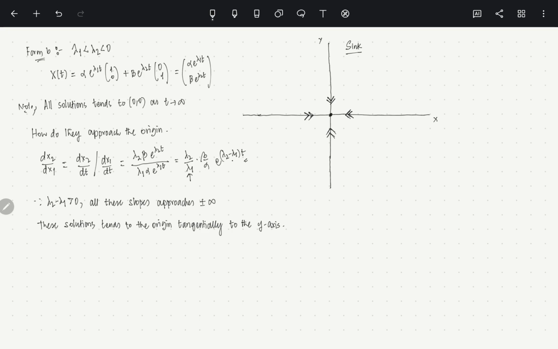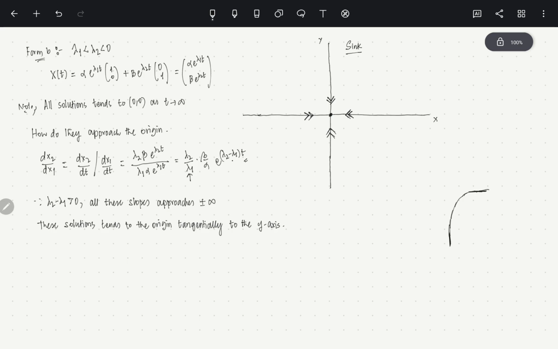So the slope is parallel to the x-axis at minus infinity. And as t tends to infinity, the slope is parallel to the y-axis. You understand? So the curve should look like this. Okay, so this is the idea.